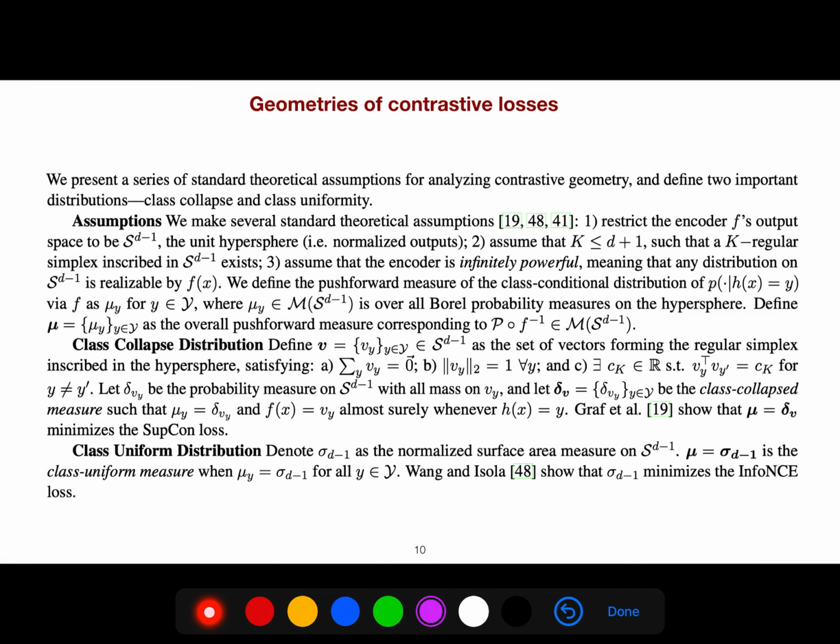But we make several standard theoretical assumptions, restricting the encoder's output space to be on the unit hypersphere. So we have the class collapse distribution and the class uniform distribution.